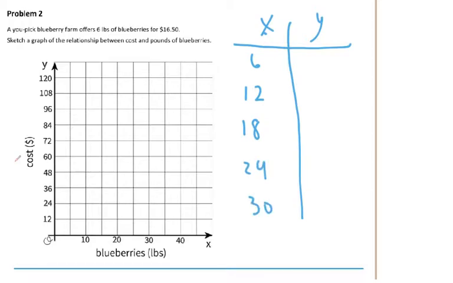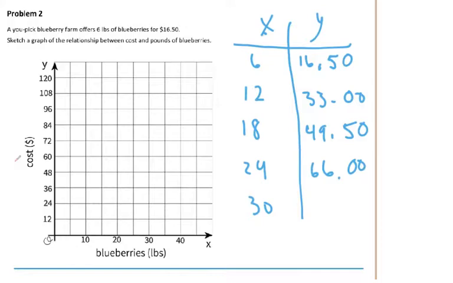Because they told us that 6 is $16.50, right? And then I just have to add $16.50 each time. So $16.50 plus $16.50 is 33. And then another $16.50 would be $49.50. And then it would be 66.